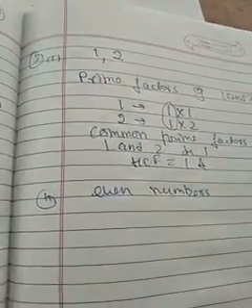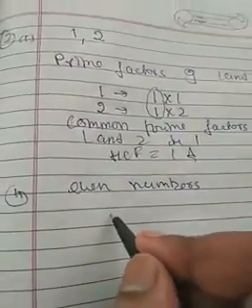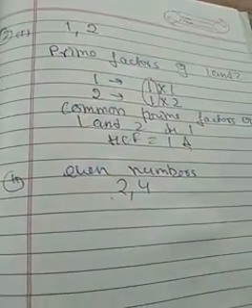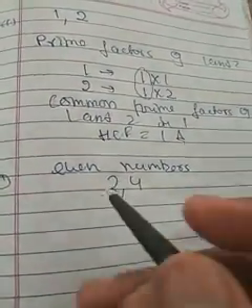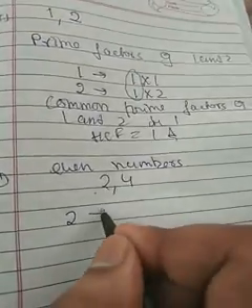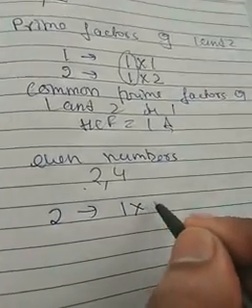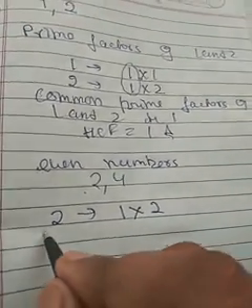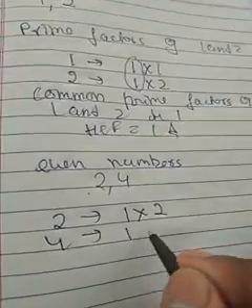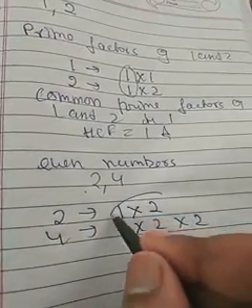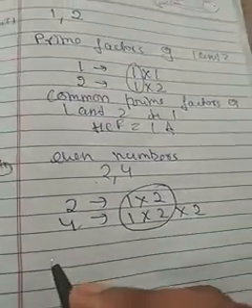Suppose two consecutive even numbers are 2 and 4. First step, we will find the prime factors of both the numbers. Prime factors of 2 is 1 into 2 and prime factors of 4 we can write as 1 into 2 into 2. Now the common factors are 1 and 2.